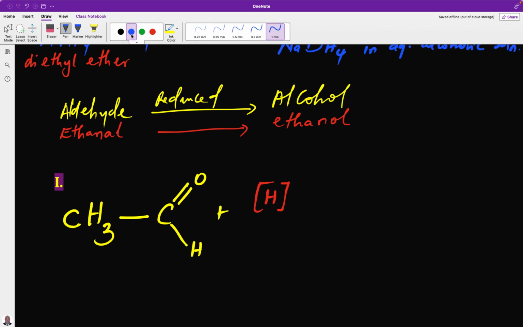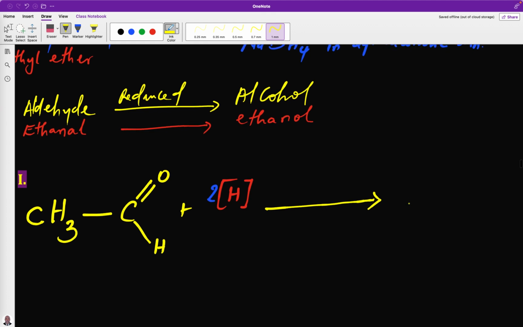Hydrogen in a square bracket indicates that it is from a reducing agent.